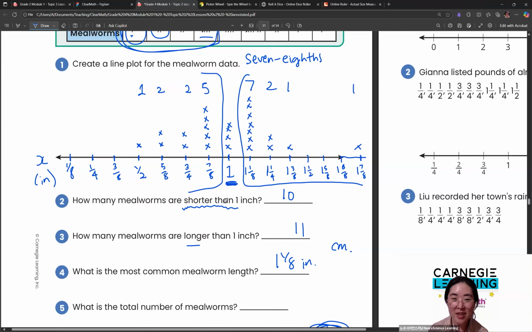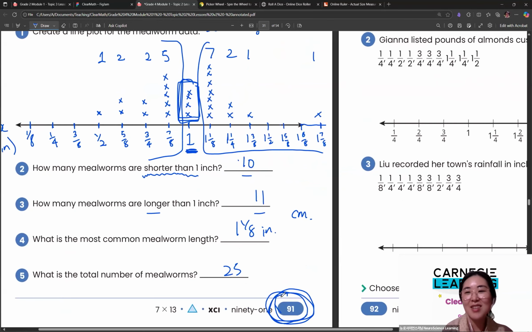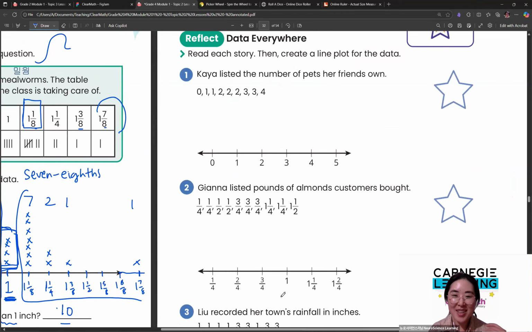So we already calculated mealworms shorter than 1 inch is 10. Mealworms longer than 1 inch, 11. But then we just need to add these guys, the 1 inch long guys. Yeah, 25. Yeah, you got it. So this is just another way to calculate it quickly. Great. You guys are doing so well.